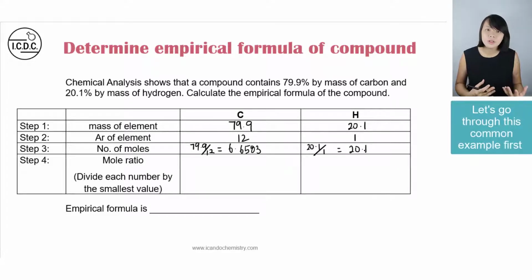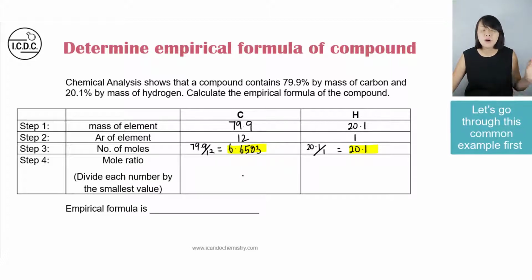Next, to determine the mole ratio, we use the values that we achieved in step 3 and divide by the smallest value. Comparing 6.65 to 20.1, 6.65 is definitely the smaller value.